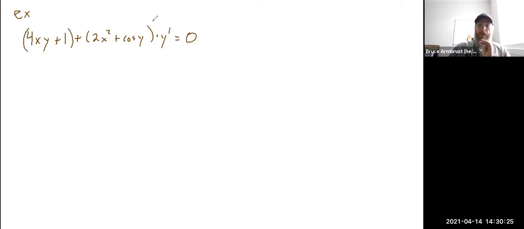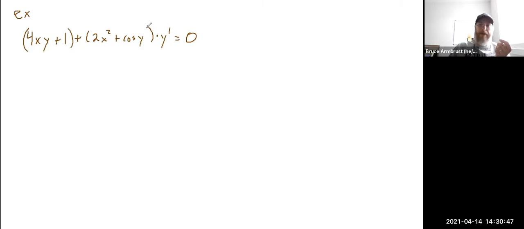Is it separable? Oh, no. Do your best to get the x's and y's not attached. You have no chance. Okay, so it's not separable. Think about the forms we just looked at today so far. Is it Bernoulli?